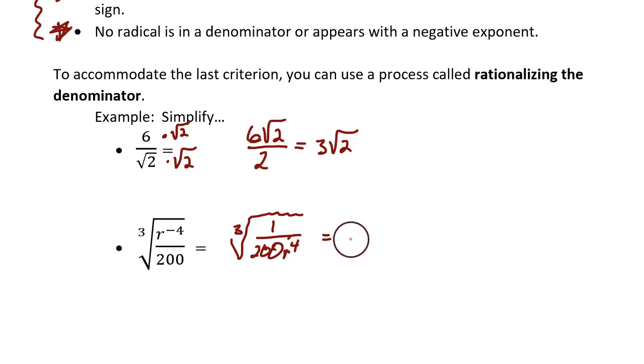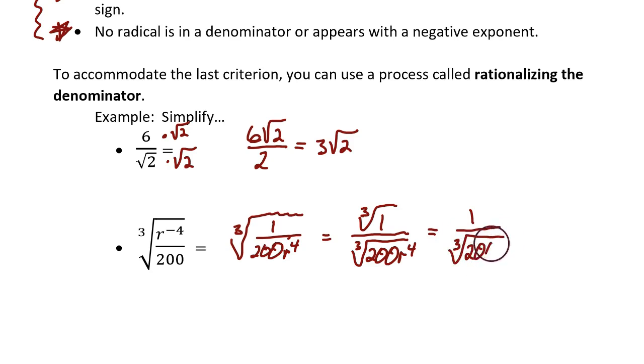Next step, let's apply the quotient property and rewrite this as the cube root of 1 divided by the cube root of 200 r to the 4th. The cube root of 1 is just equal to 1. So we can rewrite this as 1 over the cube root of 200r to the fourth.